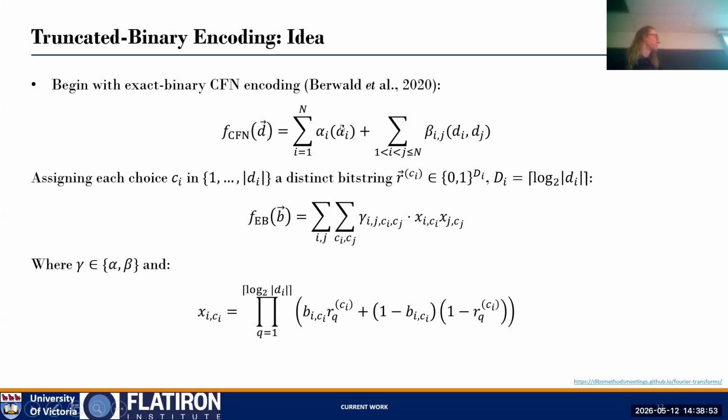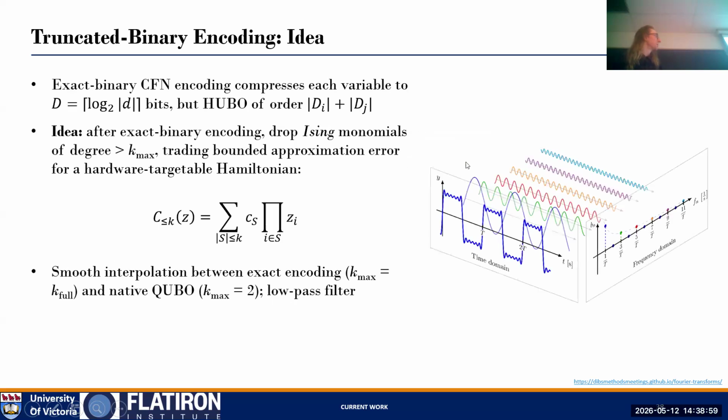And the gammas in front are just these coefficients here, which come from the original cost function network table. So this encoding is great because it does compress each variable into as few bits as possible, but it yields a QUBO of order equal to the cardinalities of the two highest cardinality registers of bits.